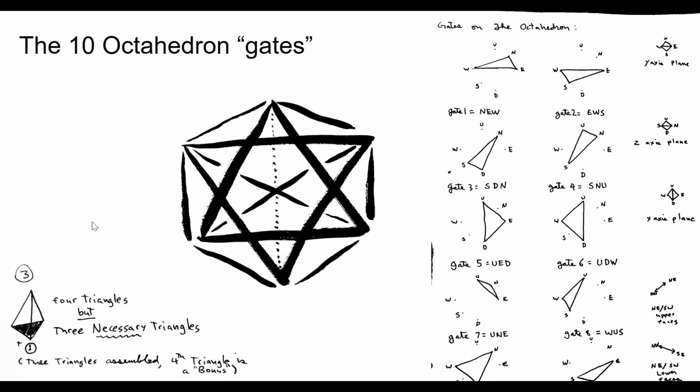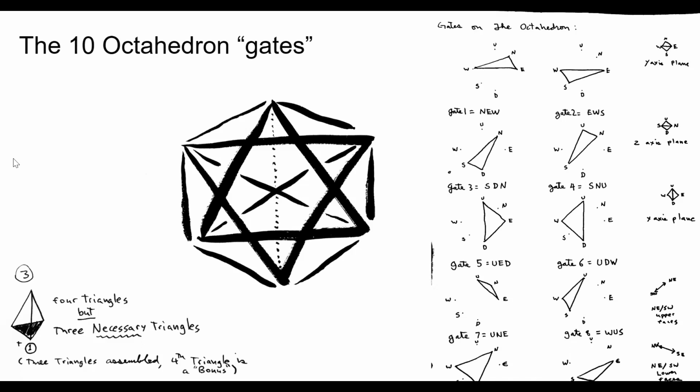Well, that is exactly what's happening with the triangles in the octahedron. The hemicosahedron gives us all of the triangles that we absolutely need, and then the other four we get as a bonus. We just get them for free. So that's interesting. These triangles are the gates. Remember, the full object is 11 of these hemicosahedra stitched together.